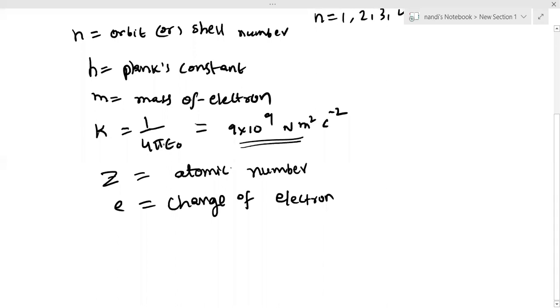Remember, this is more than enough for us. This is epsilon naught, permittivity, not E. By substituting here, k is a constant, just remember the value. K equal to 9 into 10 power 9. That is, k is the constant.